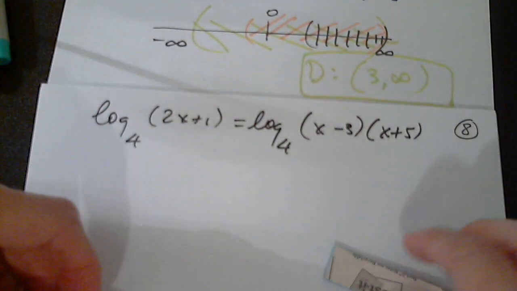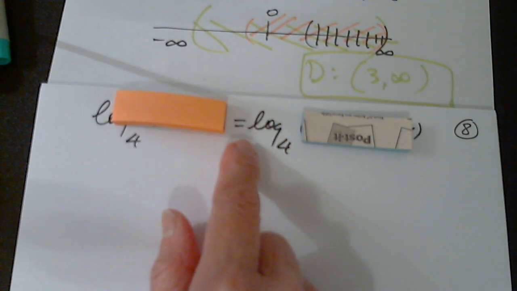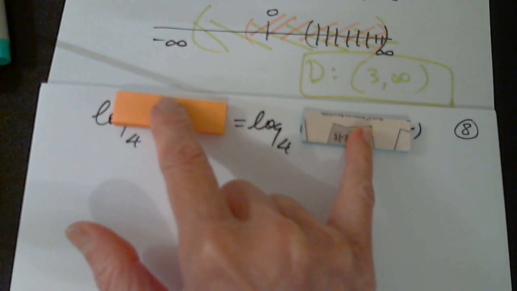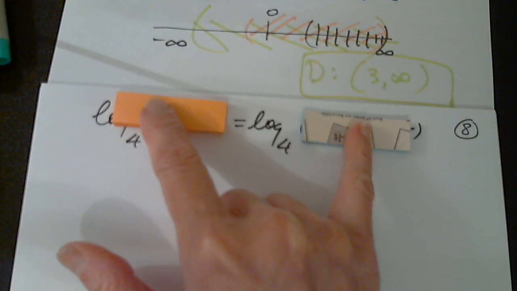I have two logs with the same base that are equal. What can you tell me about these two quantities for this to work?